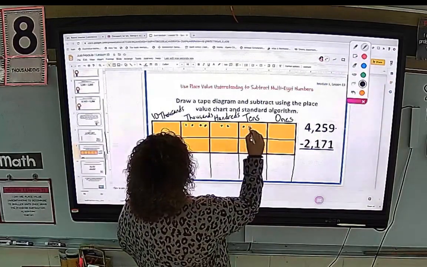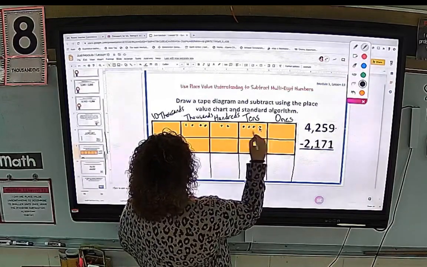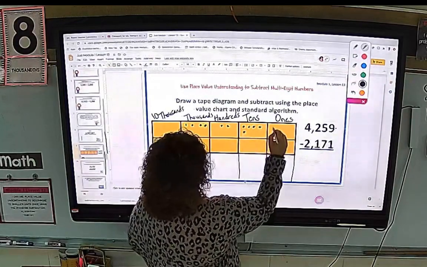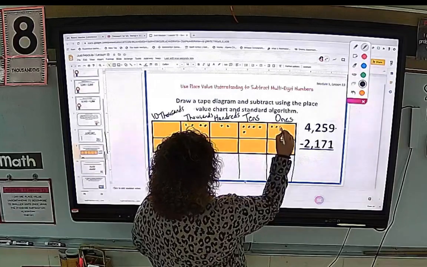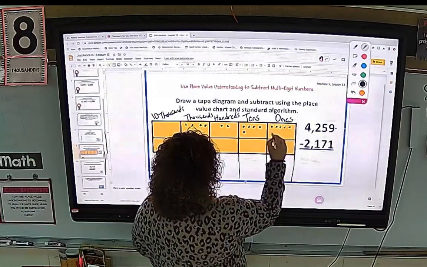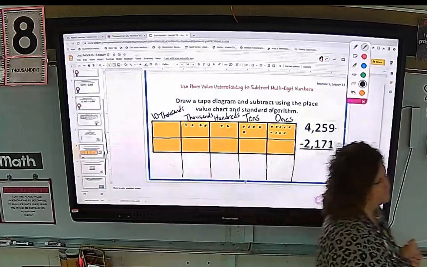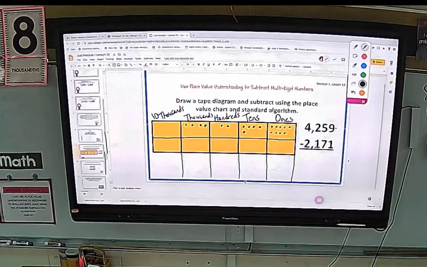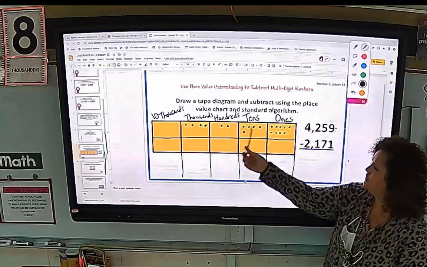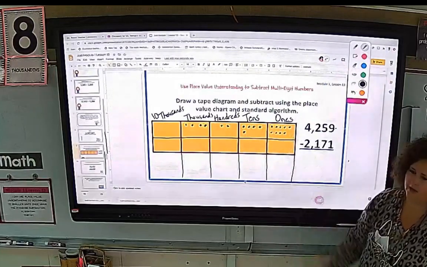How many 10s then are there? 5. How many 1s? 9. Okay. 4,000s, 200s, 5 10s, and 9 1s.